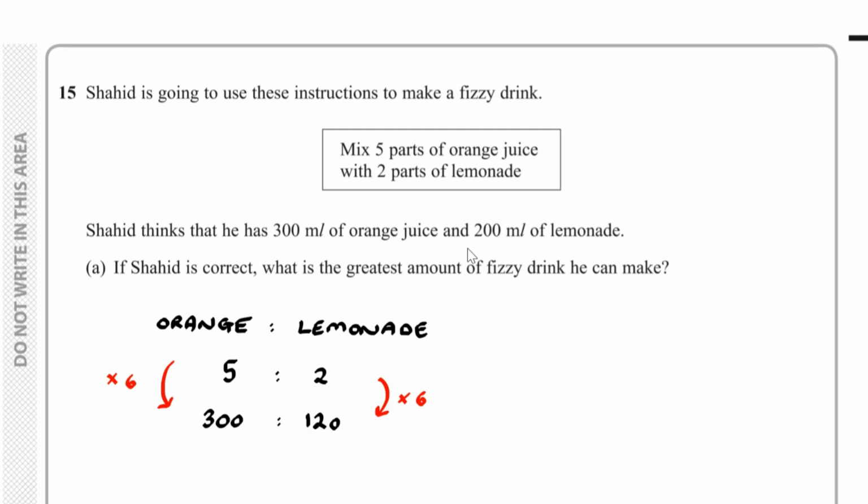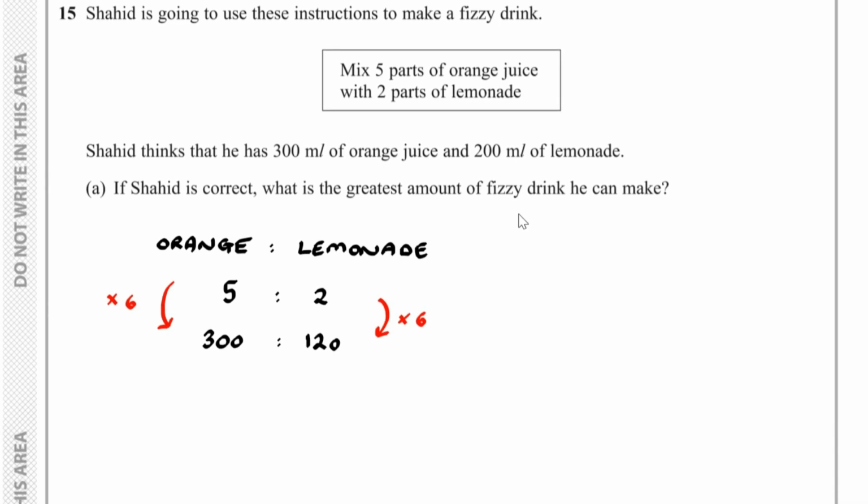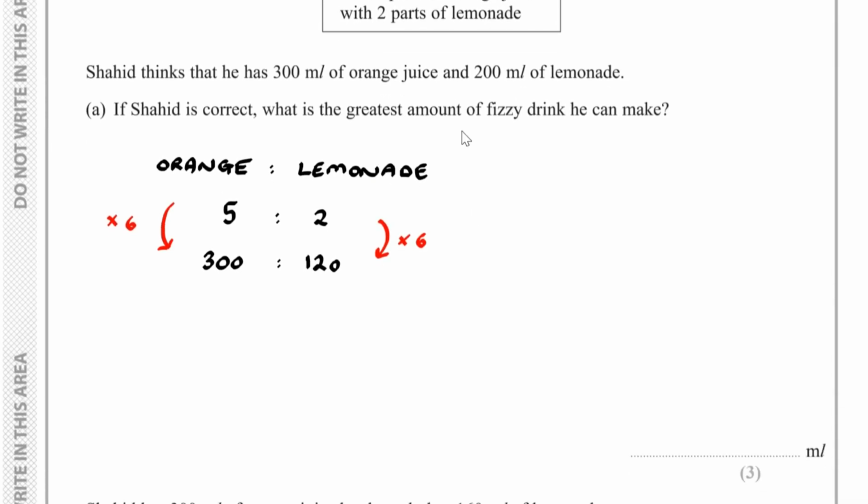He hasn't used all of his lemonade up. And so, what's the greatest amount of fizzy drink he can make? Well, that will be 300 plus the 120, which is 420 milliliters.